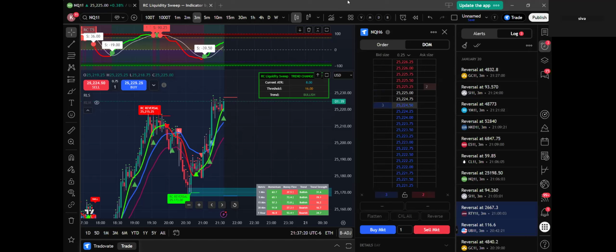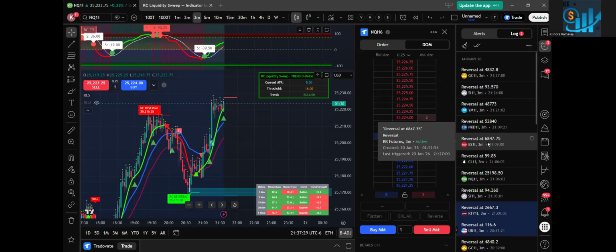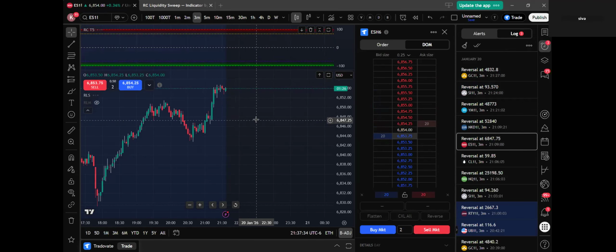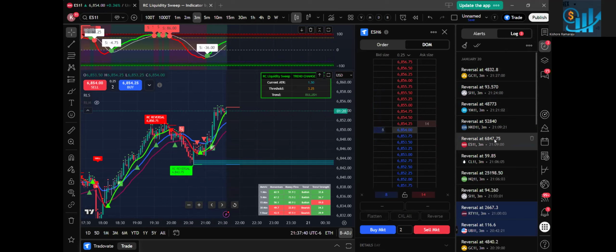Sometimes it is even 12 candles or later that it is printing, based on the trend. Once the trend confirms, then it will print. For example, here it printed at 68.43, but you got the alert at 68.47. Now you are at 68.54.